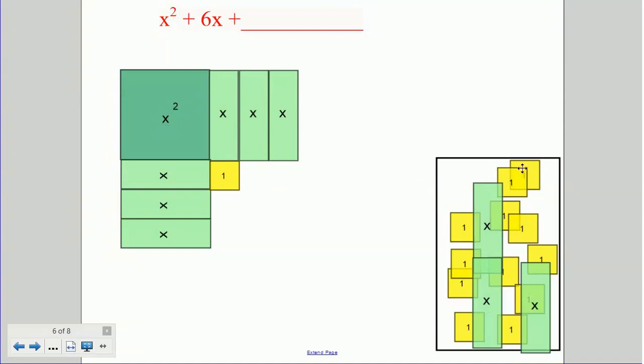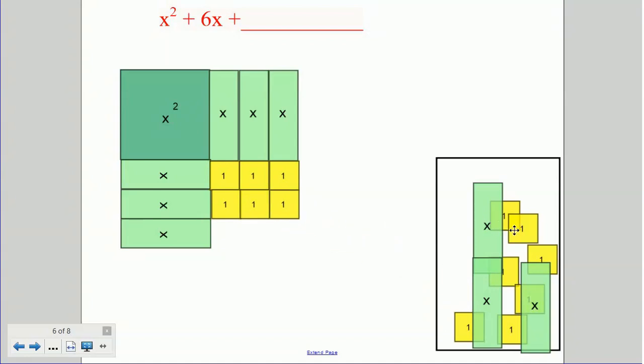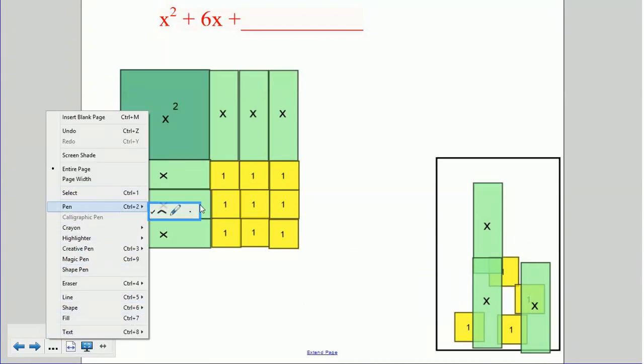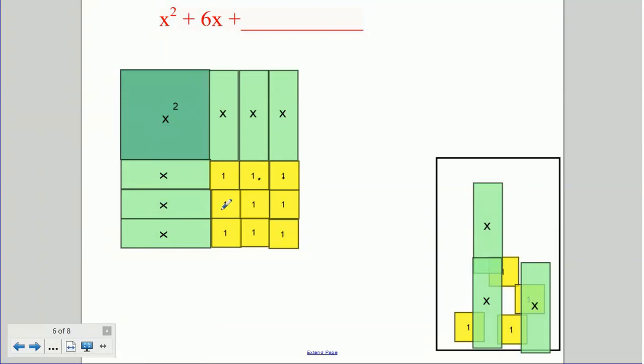Well, there's one that's got to go there, and there, and there, and there, and there. And it looks like we need 3 more, right, to fill in? I made a beautiful, wonderful square. So how many ones did it take me? It took me 1, 2, 3, 4, 5, 6, 7, 8, 9 little squares. So my blank is 9, or my C term is 9.